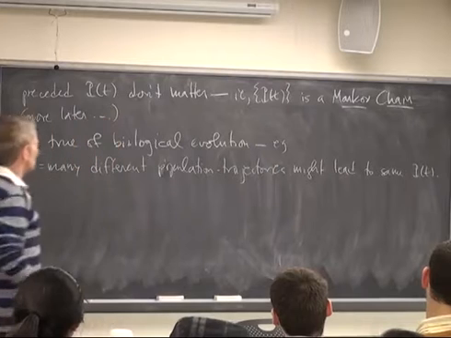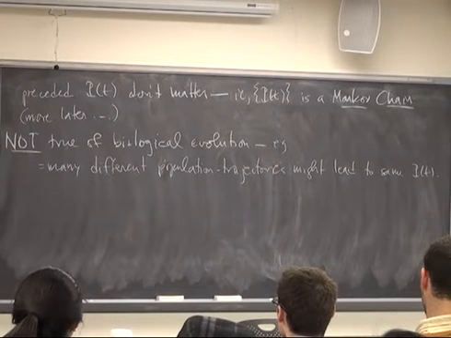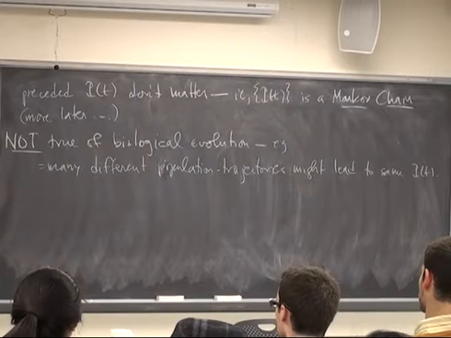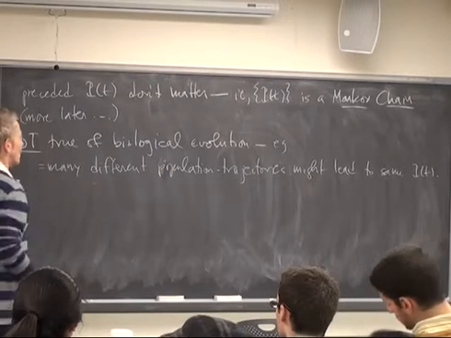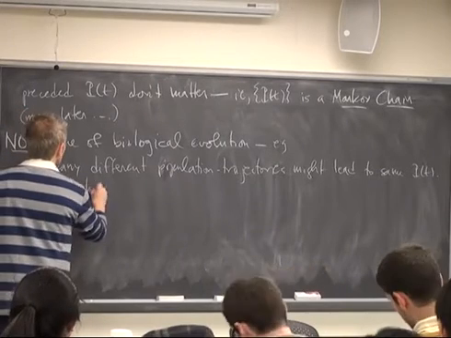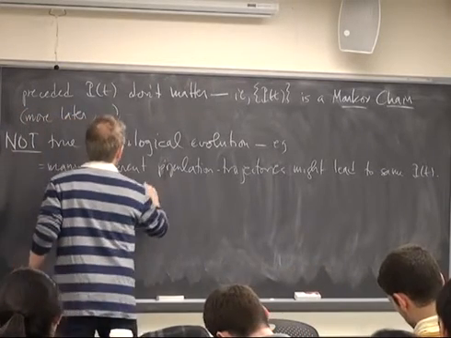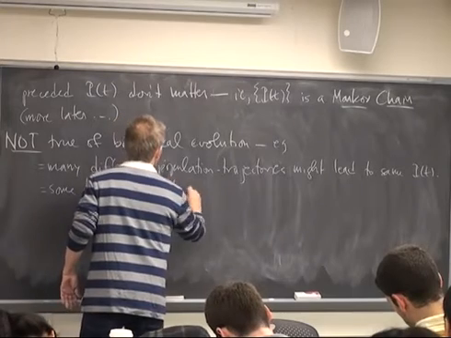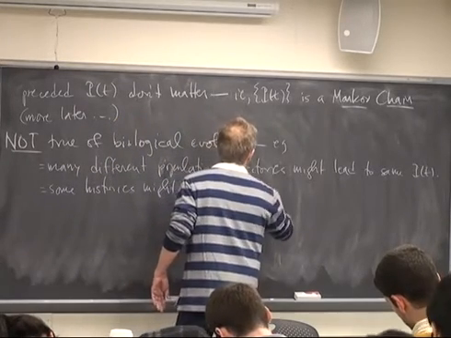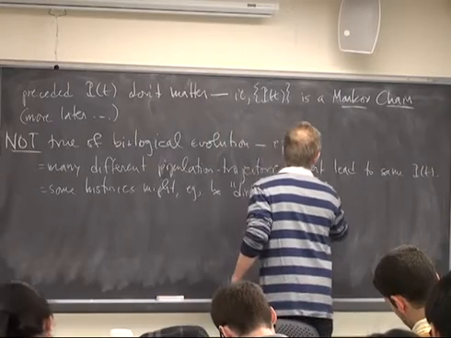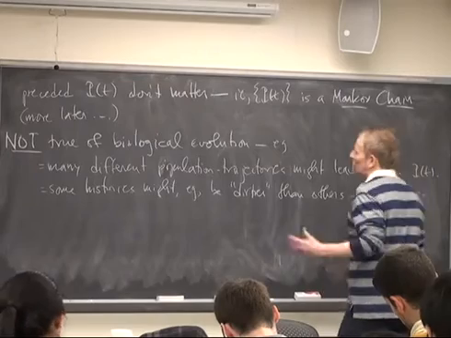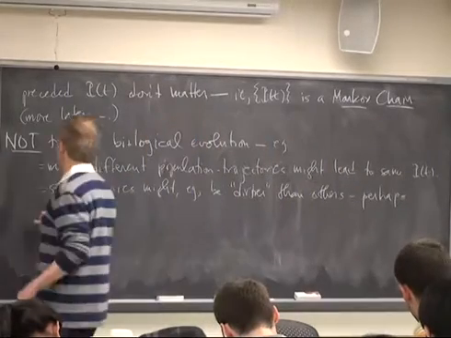Some of them, on the other hand, some of the same population trajectories that lead to the same P of t might be dirty. They might leave a lot of arsenic. They might pollute the environment somehow, globally warm the planet, whatever. So some histories might, for example, be quote-unquote dirtier than others, perhaps leaving behind lots of arsenic, say.